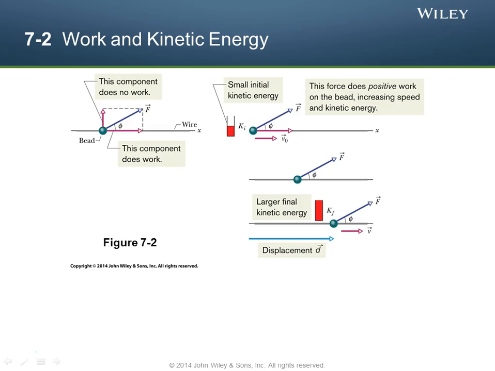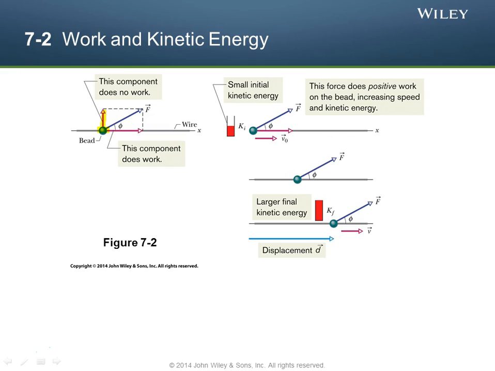So let's look at this diagram here. If we have an object, and let's say this object is this bead, and we're exerting a force up at an angle, the bead is constrained to the wire, so its displacement can only be along the wire. So for this force acting at an angle, the vertical component does not matter.